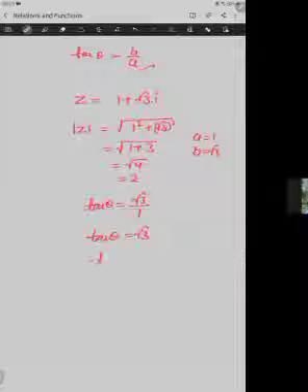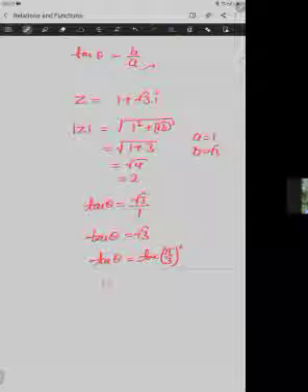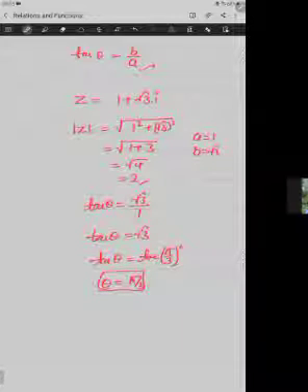This happens when theta is 60 degrees. In radians, we write it as pi by 3 radians. So theta equals pi by 3. So the argument is pi by 3 and the modulus is 2.